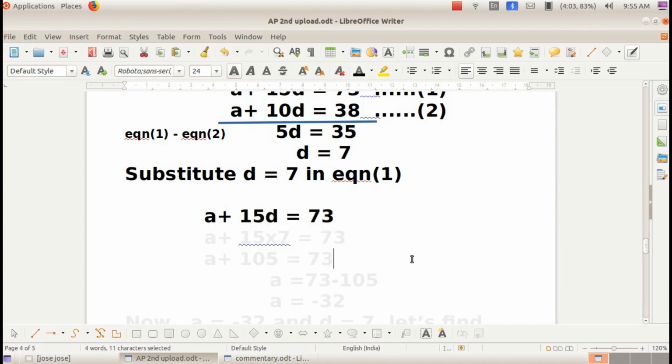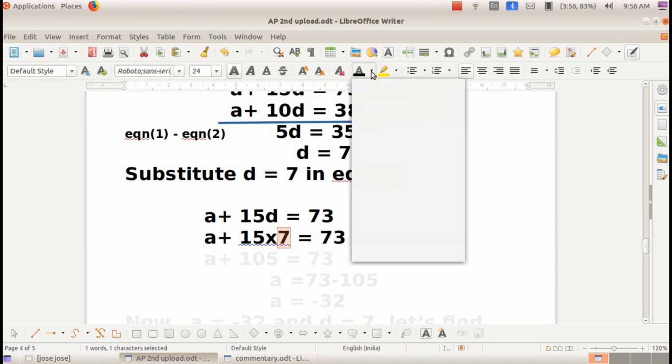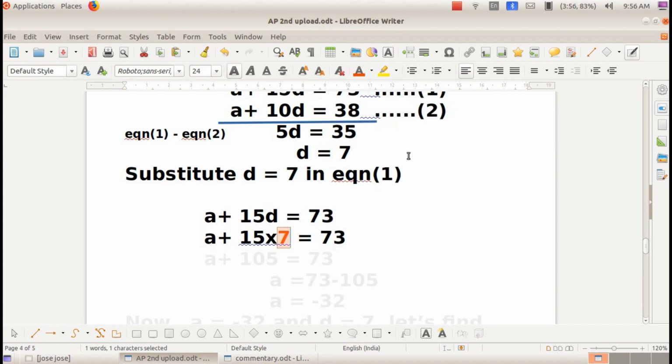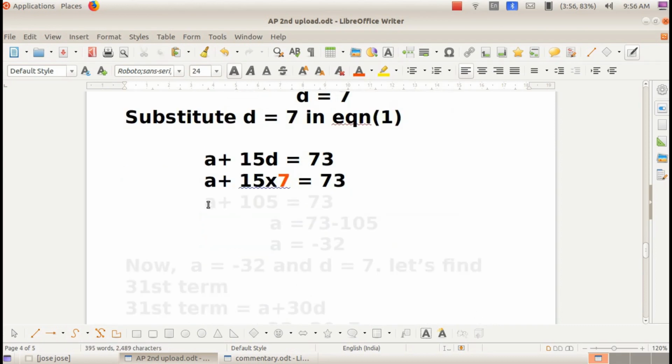A plus 15 times 7 equals 73. A plus 105 equals 73. Therefore a equals 73 minus 105. The value of a is negative 32.